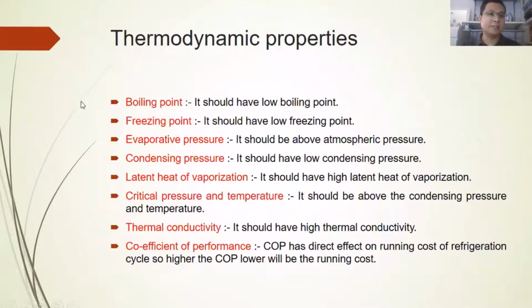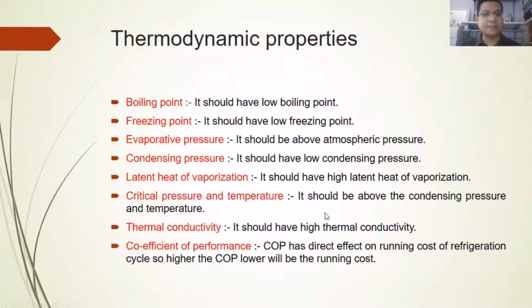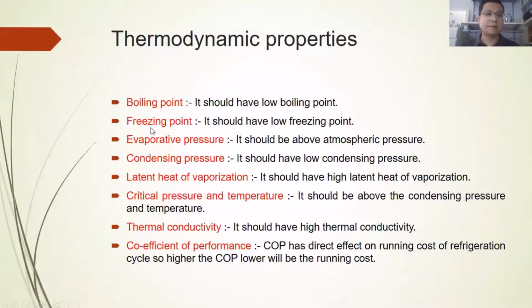The thermodynamic parameters are: boiling point, freezing point, evaporative pressure, condensing pressure, latent heat of evaporation, critical pressure and temperature, thermal conductivity, and coefficient of performance. For the first parameter, boiling point, it should be low. Freezing point should also be low. It should satisfy these parameters.